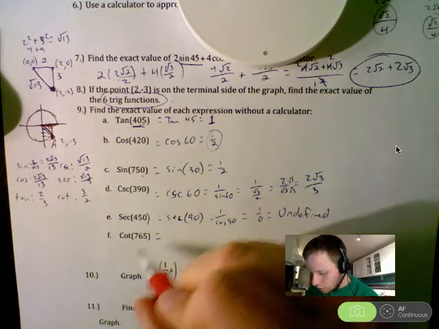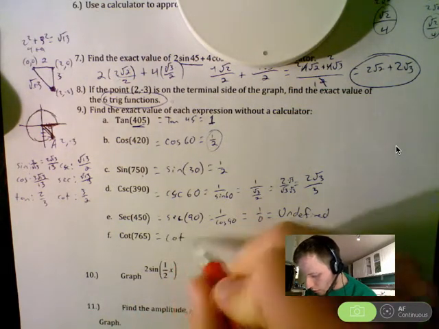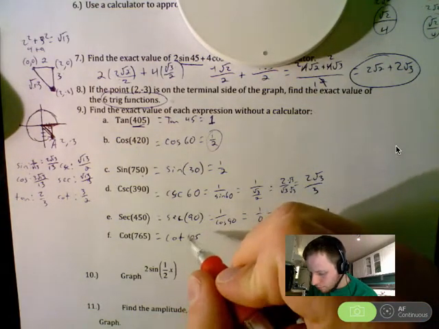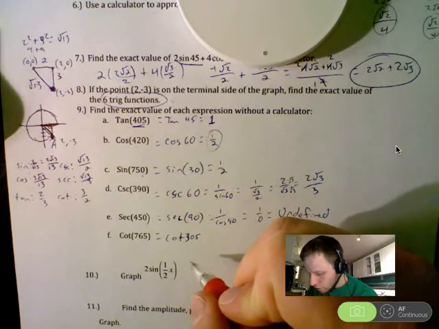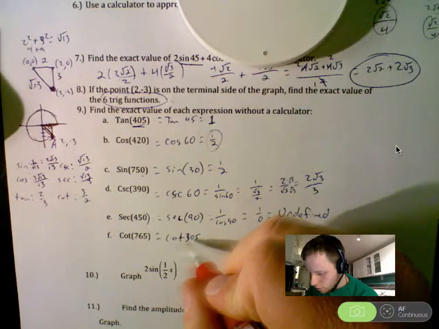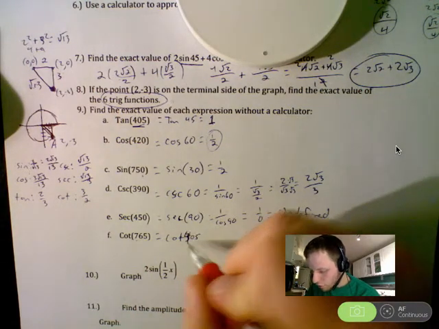Cotangent of 765. Once again, we subtract 360, so that's cotangent of... I'm sorry, 765 minus 360 is 405.